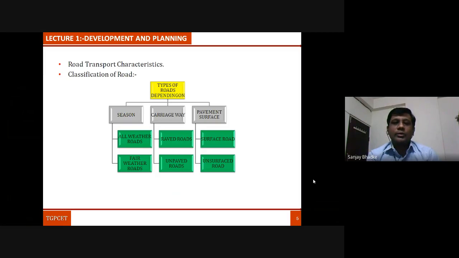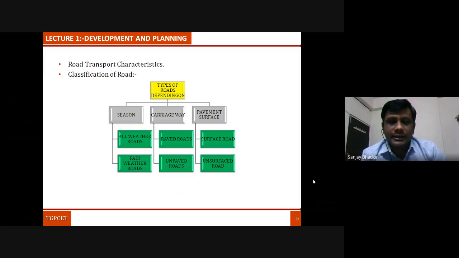So today we are going to discuss road transport characteristics and the various classifications of roads. Basically, if we discuss roads, they are classified by season, carriageway, and pavement surface. And we know that there are two types of pavements: one is the flexible pavement, and the second is the rigid pavement.